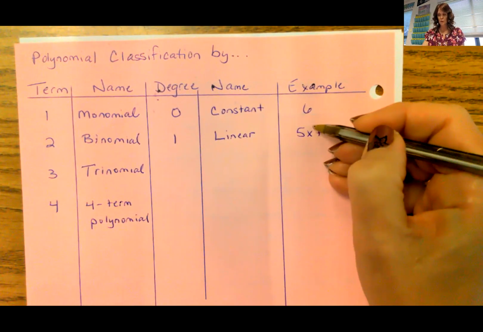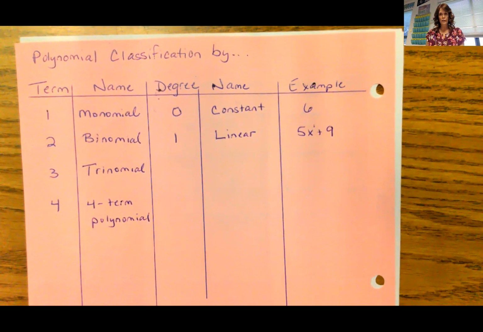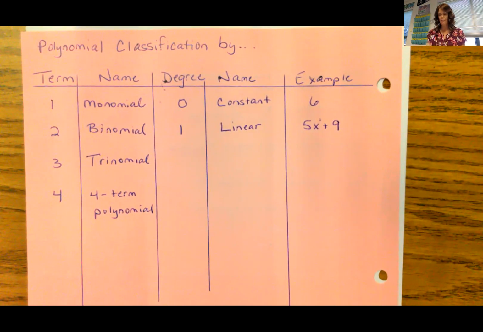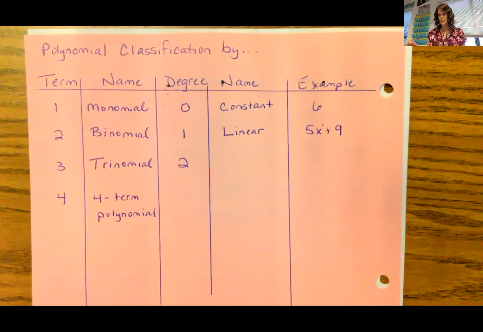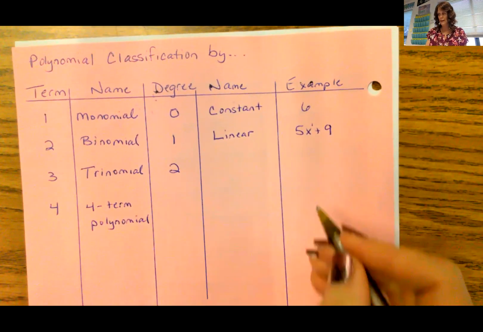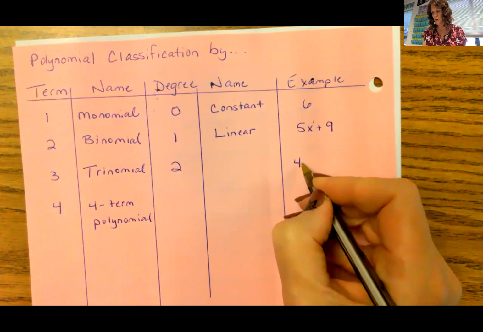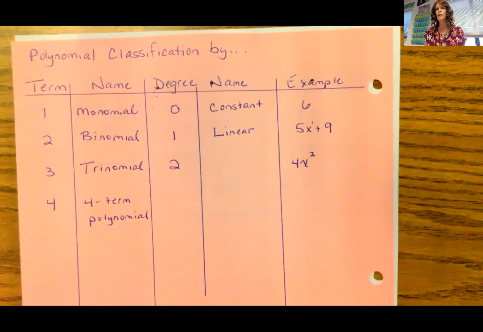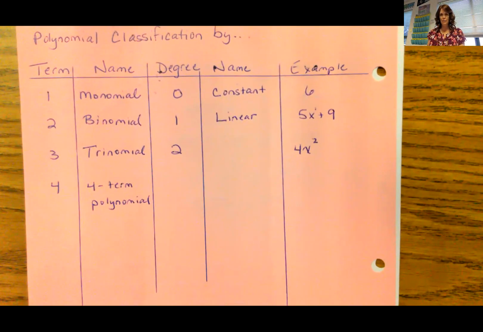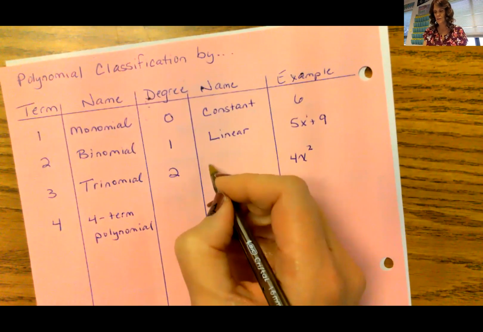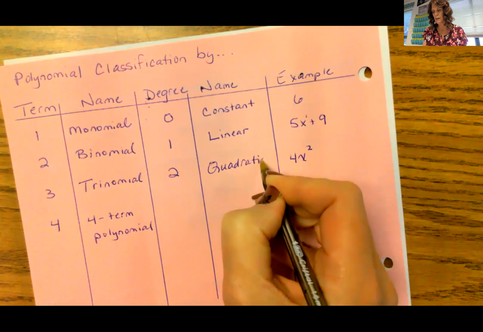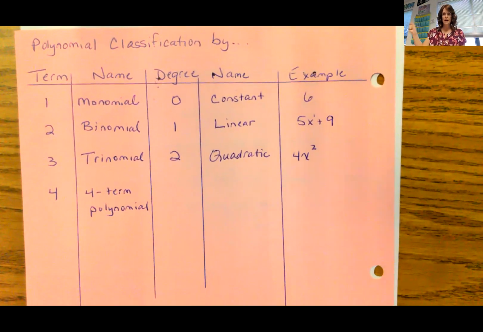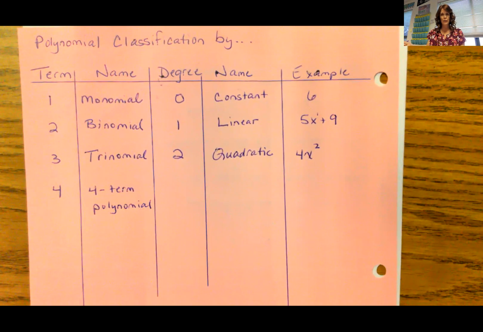The invisible 1 is our exponent. If we have a 2nd degree polynomial, we will name it specifically where it has an x squared, like 4x squared. Remember from our anchor problems, that is quadratic. So 2nd degree, highest exponent is 2 on the variable.